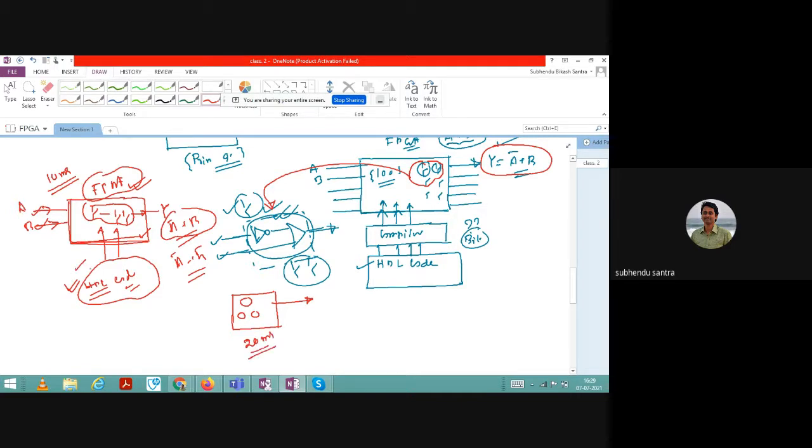FPGA is, you could say, 2 to 3 times faster than a DSP board, because you are generating a hardware circuit. You are writing a code, but finally you are generating a hardware circuit, and a hardware circuit is already the fastest circuit in the world. For any function you want to operate, if it is a hardware circuit, that is the fastest thing. If you do the same thing using a software-driven approach, you have to sacrifice some performance, though the purpose will be the same.